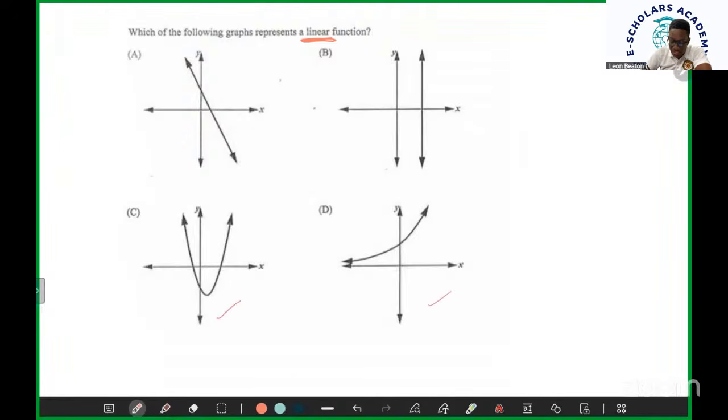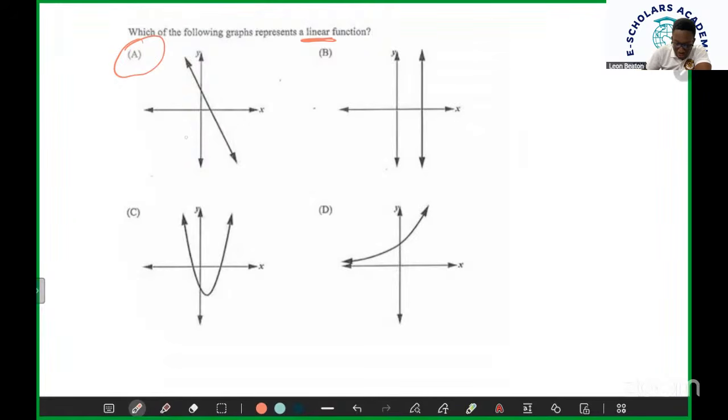C, D, and A are all functions, but because it's a linear function, it has to be a straight line, which is A. Now, for those of you trying to figure out what the function is, to identify whether a graph is a function or not, you do something we call the line test.